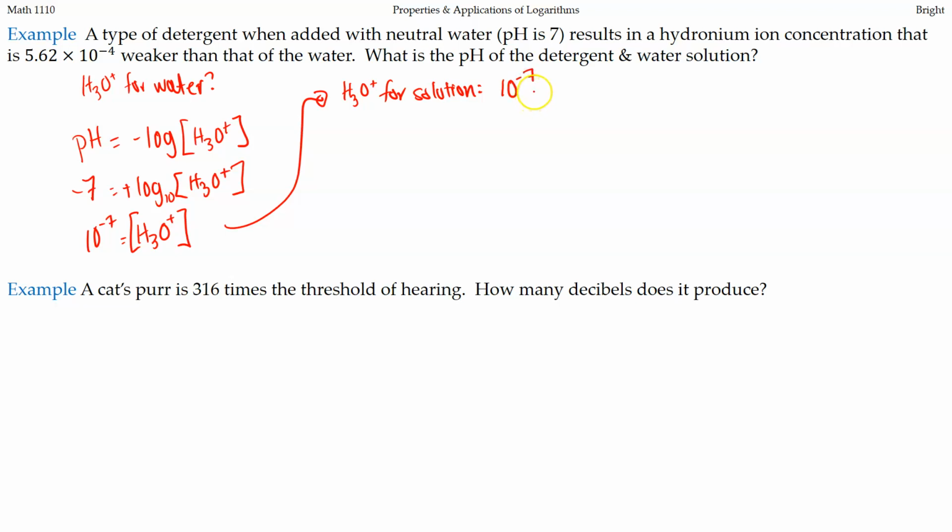But then it says it's going to be 5.62 times 10 to the minus 4 times weaker. So what this results in for the hydronium ion concentration for the solution is 5.62 times 10 to the minus 11. And now what I'm really interested in is the pH for the solution.